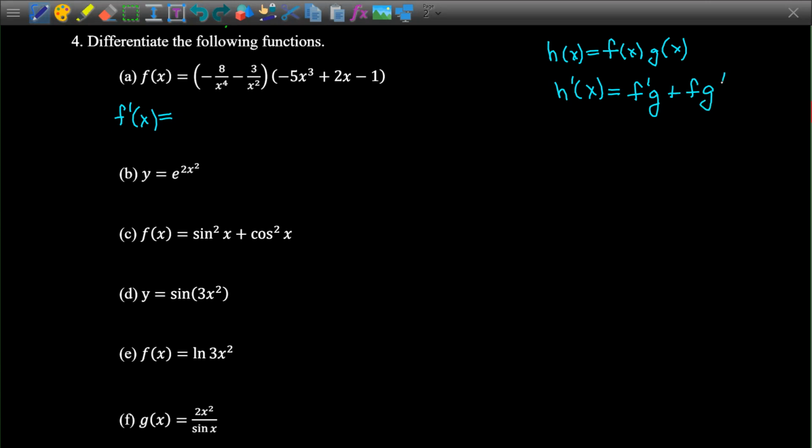The book had that in the reverse order, but whichever way you prefer to remember it.